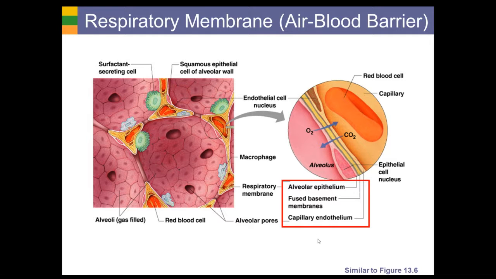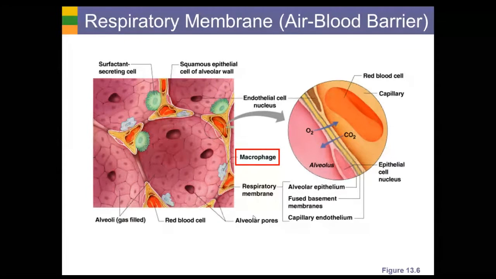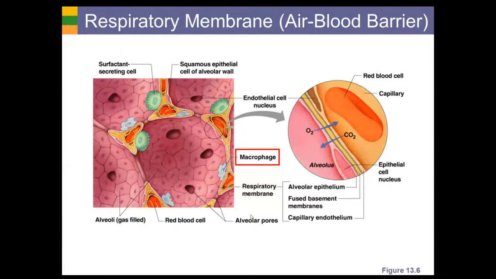Okay, a couple of other things I want to point out also. Your respiratory system is a major route of infection. Think of how many times you've been sick. Usually it's involving either your digestive system or your respiratory system or both. A major source of infection is the respiratory system, right?